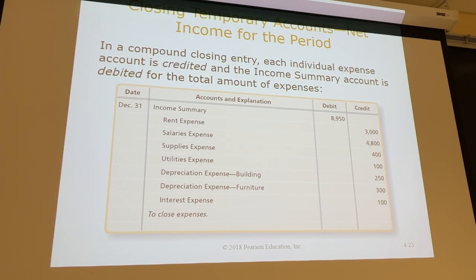And then in this case, the other side of the journal entry will be income summary, but in this case, income summary will be debited. So after you've entered all the credits for your expense accounts, you would add up the total credits and you would debit that amount to the income summary account.